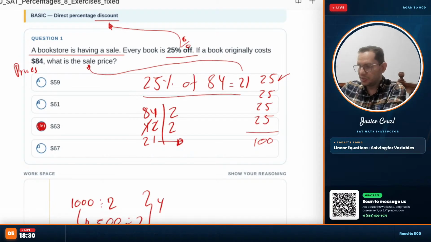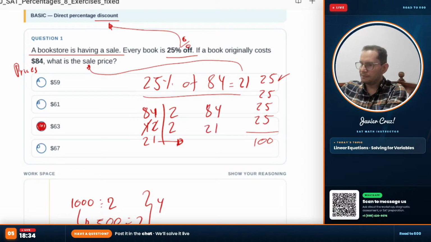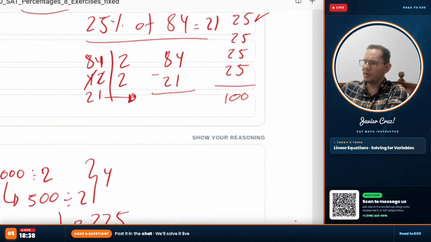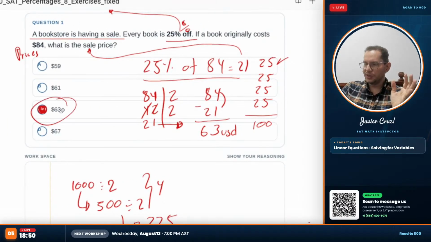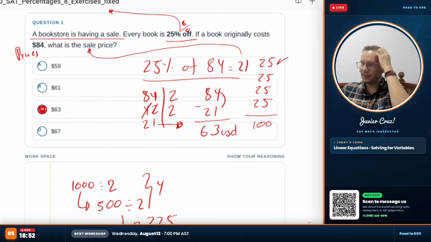So we need to do the subtraction here: 84 minus 21, right? So it will be 4 minus 1 is 3, 8 minus 2 is 6. So it's 63 USD dollars, right? So that's the result here.